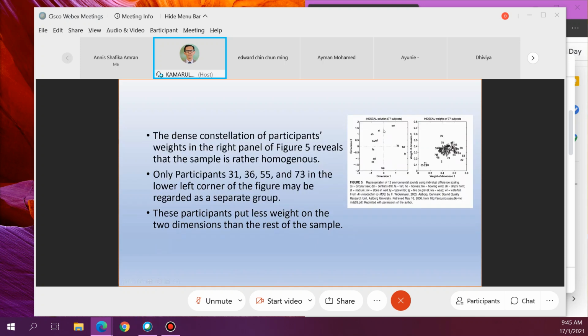All right. So this is individual difference scaling. I think this is a bit complicated, so we'll skip this. But what you do want to see is whether, using the individual difference scaling, you can see the clustering of the sound. Of course you can see here dimensions 1 and 2.